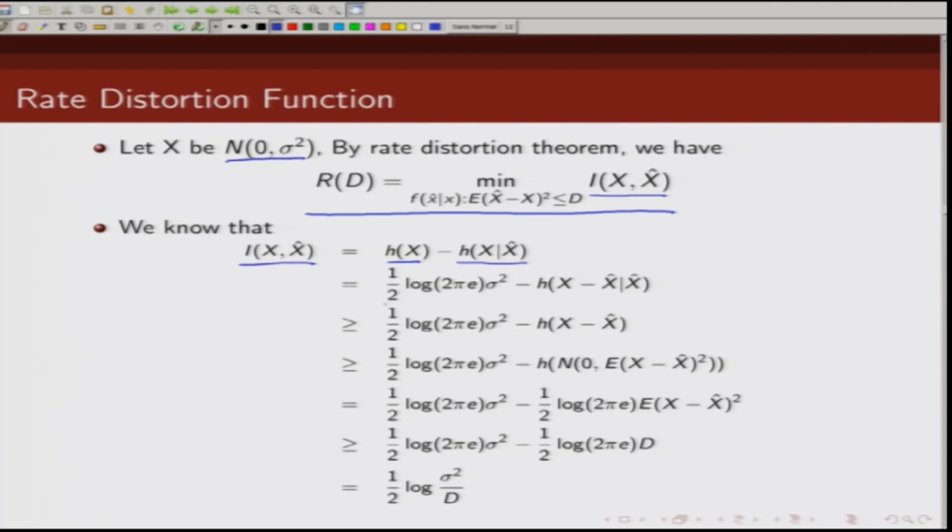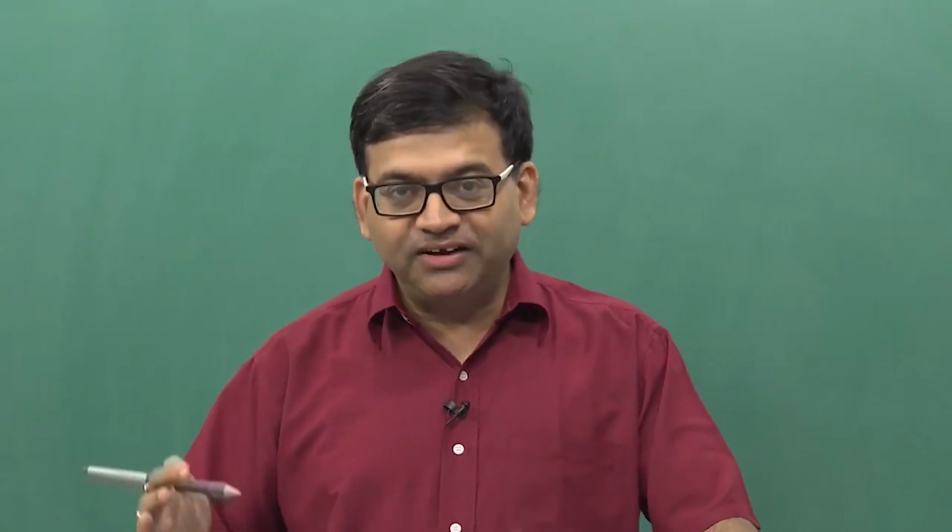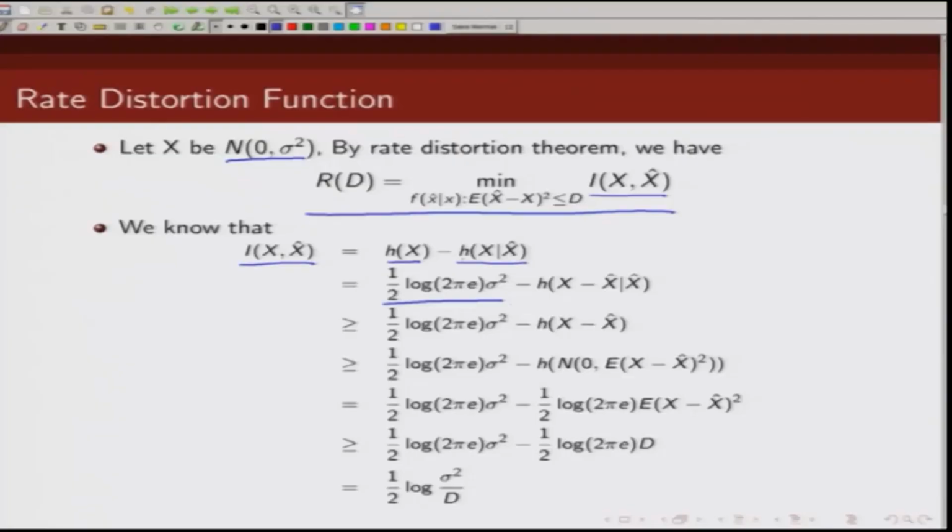So its differential entropy is given by this expression, half log of 2 pi e into sigma square. Now we know that translation does not change differential entropy. So the differential entropy of X given X hat is the same as the differential entropy of X minus X hat given X hat.